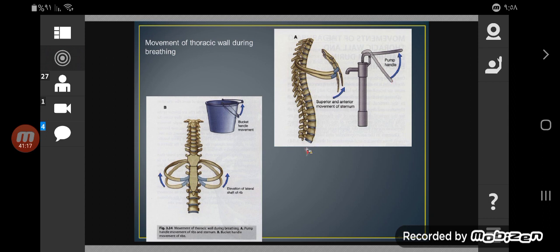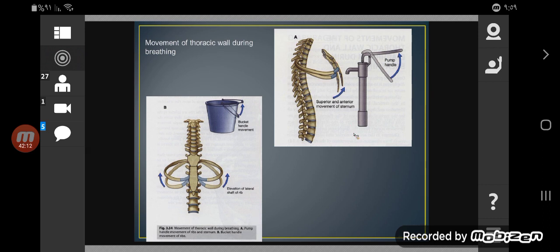To imagine the increase in the antero-posterior diameter, consider the handle of a pump. Before the movement the diameter is this amount; after the pump handle movement of the thorax, the diameter is this amount, which is larger than before.